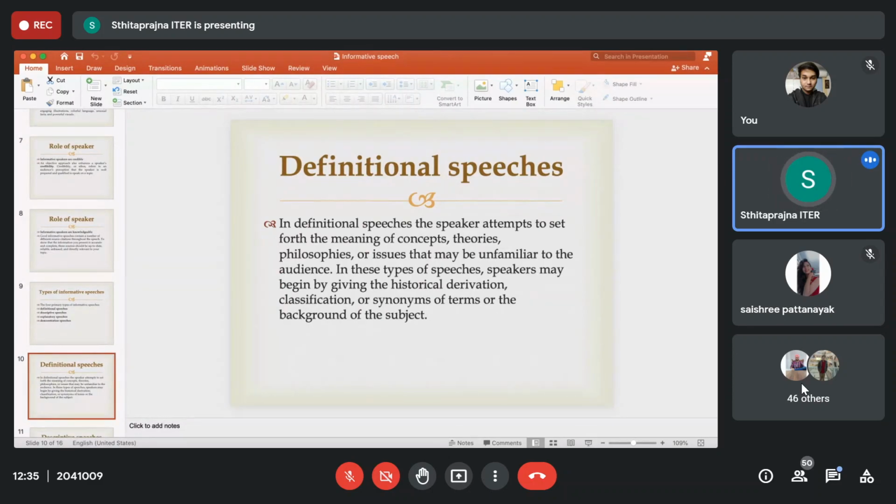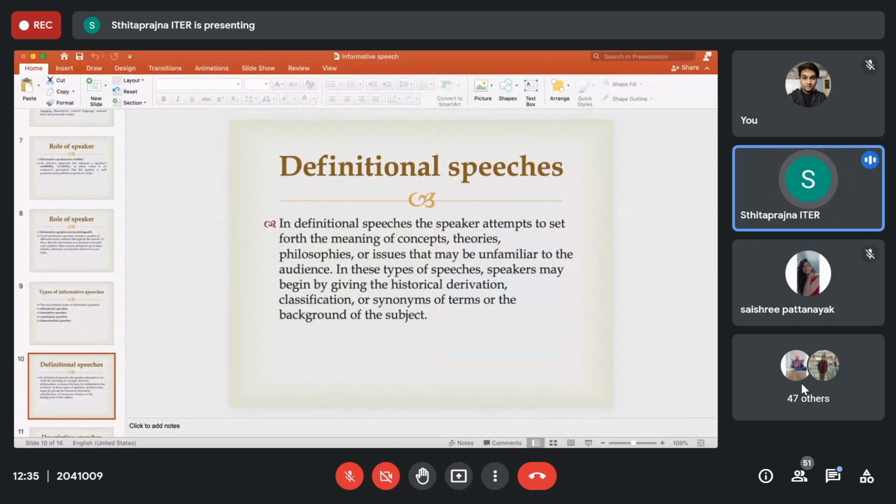In definitional speeches, the speaker attempts to set forth the meaning of concepts, theories, philosophies, issues that may be unfamiliar to the audience. So, speakers begin by giving the historical derivation, classification, or synonyms of the terms or background of the subject.